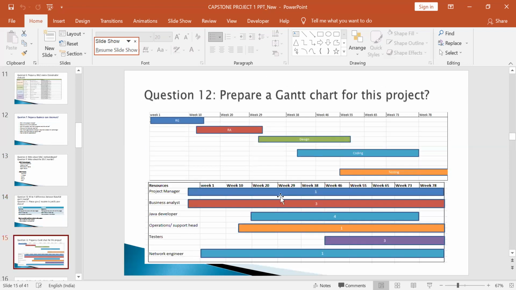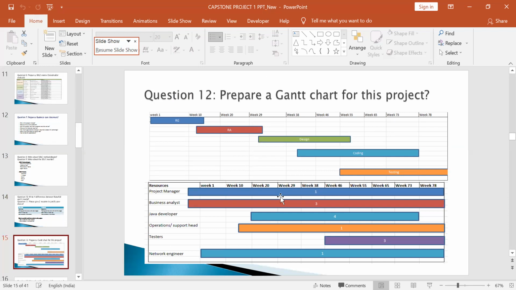And then next, what is a Gantt chart? A Gantt chart is nothing but scheduling, right? Prepare a Gantt chart for this project.